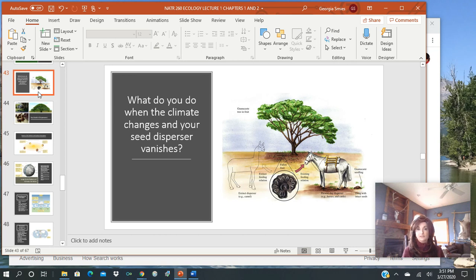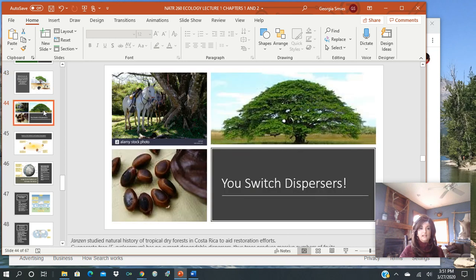Then, as a result of climate change, these species got lost, and suddenly there's a reduction in the number of these trees. Well, in the study, the scientists and the people in that community just switched the disperser. The loss of one species meant, hey, let's use horses and donkeys to do the same thing.